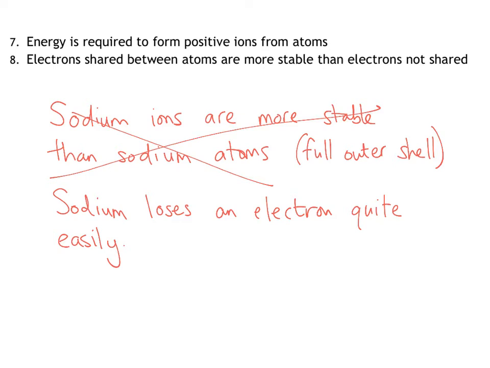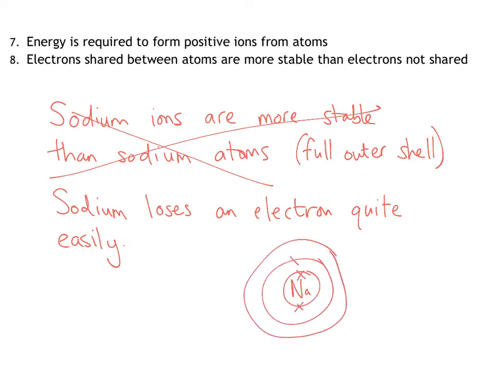That is not the same as saying sodium ions are more stable, or that it doesn't give out energy when it loses an electron. If you think of the sodium atom and its shells of electrons, there's an attraction there.